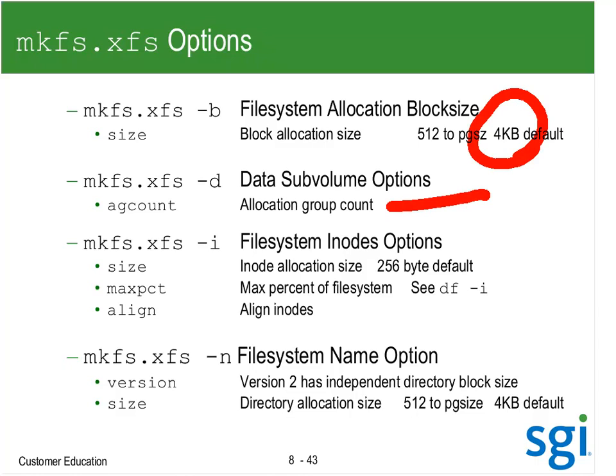Here's the one we were using and hitting. And there is the ability, again, since I don't have a 16K byte or 64K byte page size anymore, I don't have much flexibility here. But this was meant to allocate directory stuff in larger chunks to reduce metadata fragmentation.